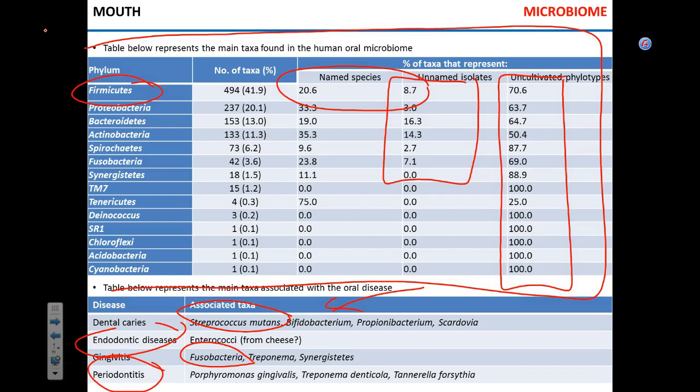Periodontitis is associated with Porphyromonas gingivalis, and pretty cool story. That name just brought back some memories. So, you know what periodontitis is?